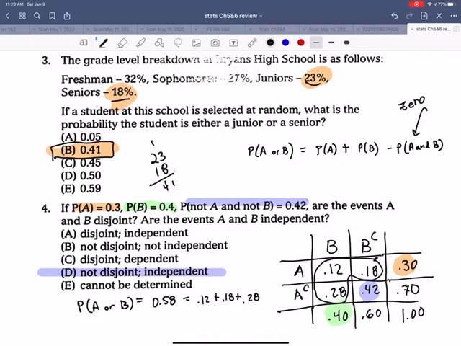Right? And using that addition rule, again, this would just be another way to figure this out. We know that the probability of A and B is not 0. It's actually 0.12. We figured this number out, right?